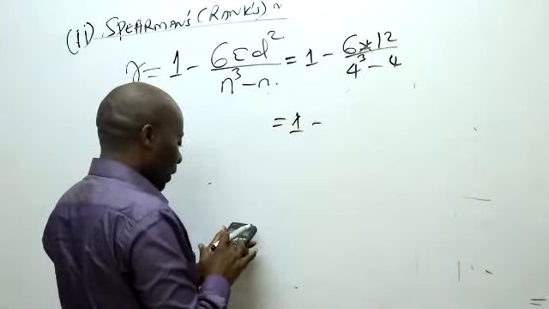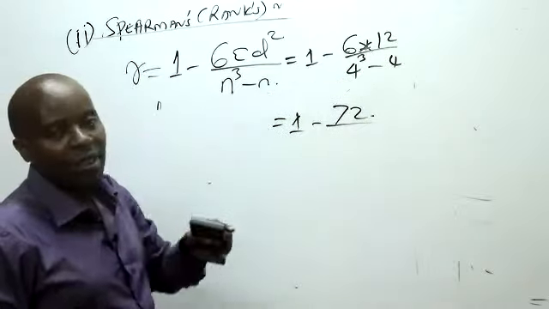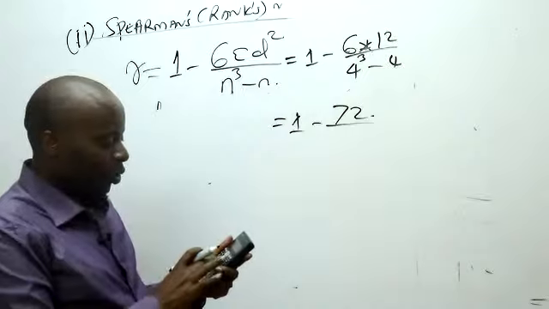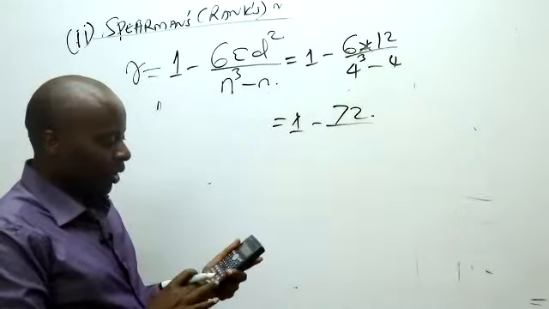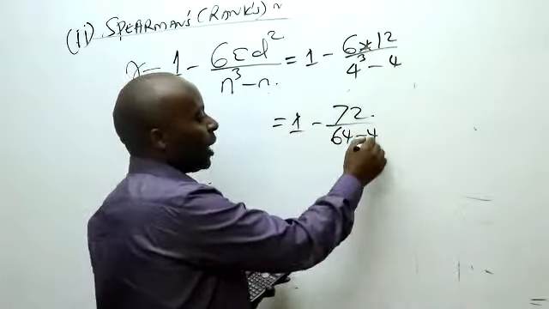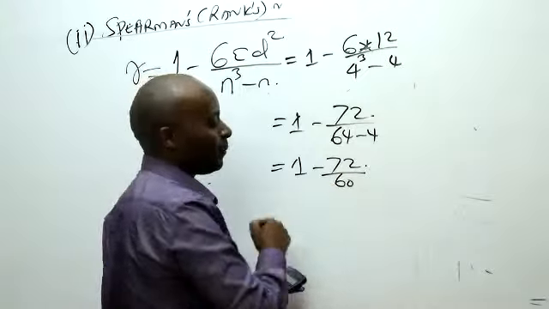Good to use your calculator, always. 6 times 12 will give us 72. All over, please ensure that you're cubing. This is supposed to be cubed. So we have here 4 raised to power 3, I'm able to get 64. So 64 minus 4. So this will be 1 minus 72 all over 60.